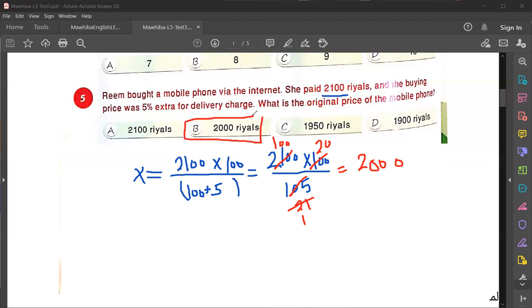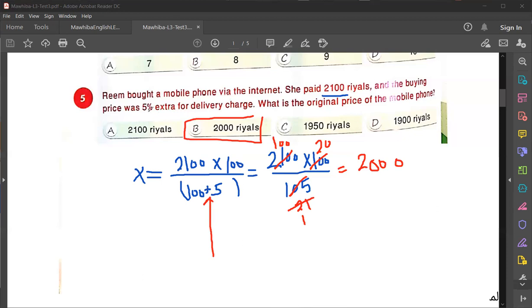This is the first way. You have a formula and use the formula. Then you must pay attention here. When you have a benefit or extra or positive, you write plus.